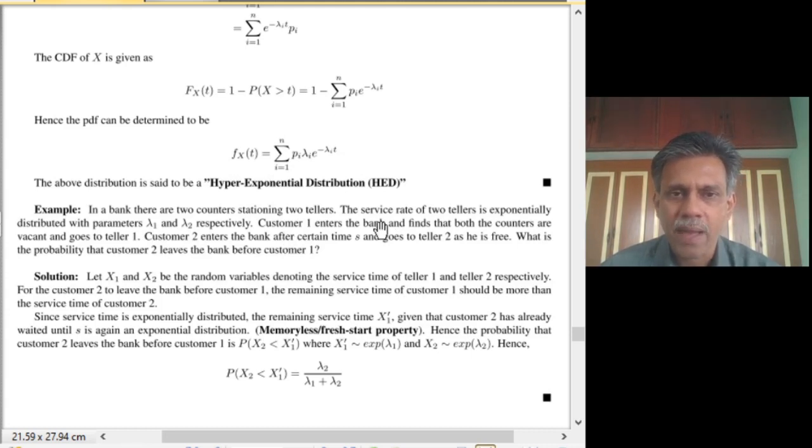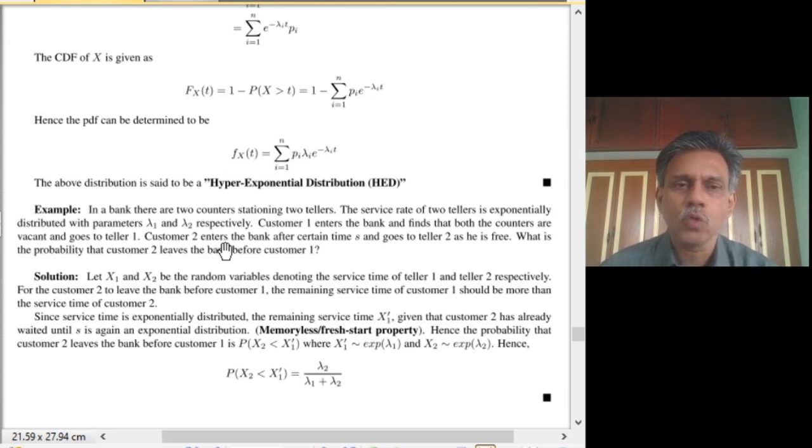Customer 1 enters the bank and finds that both the counters are empty, and therefore goes to teller 1, whose service rate is lambda 1. A time of S time units passes, and then customer 2 enters. Customer 2 finds that server 1 is busy servicing customer 1, and therefore has no choice.